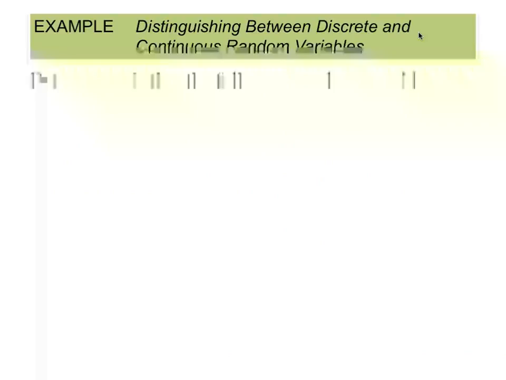So let's look at a couple of examples where we distinguish between discrete and continuous random variables. Also, when possible, we want to state any of the possible values for the random variable. So let's say that we're talking about the number of light bulbs that burn out in a room of 10 light bulbs in the next year. So we have a room that has 10 light bulbs in it, and what we want to count is the number of light bulbs that burn out in a particular room.